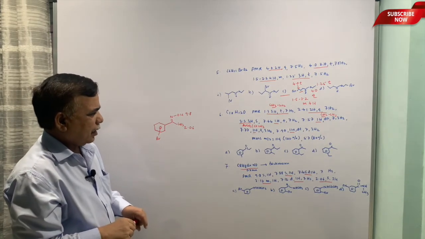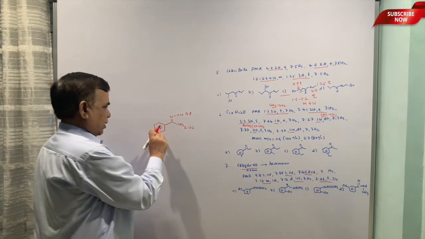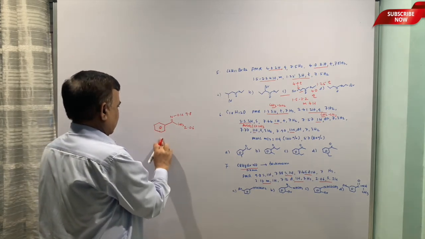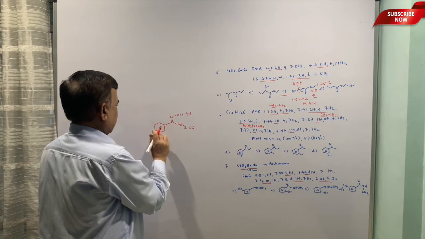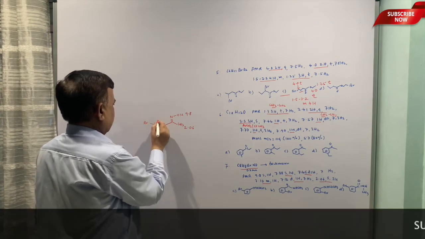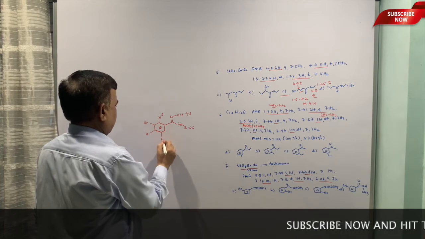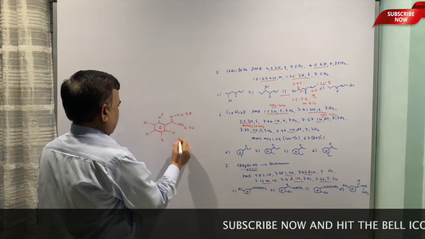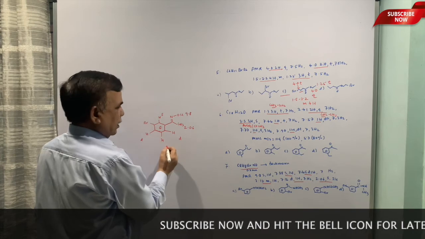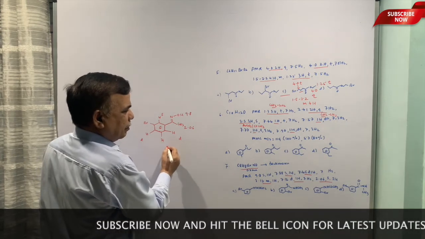Now the aromatic pattern is very near in this case. So I will put Br at the precise position. So this can be a singlet, can be a doublet, and this will be a multiplet.